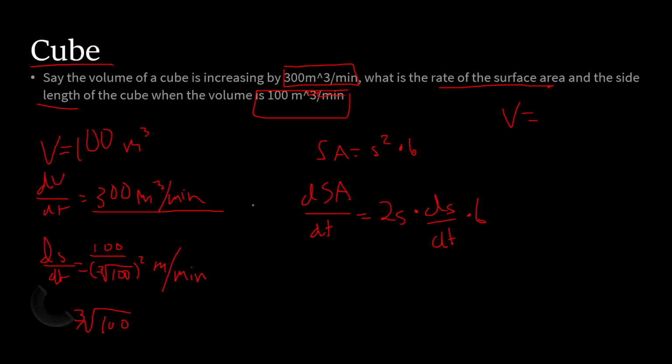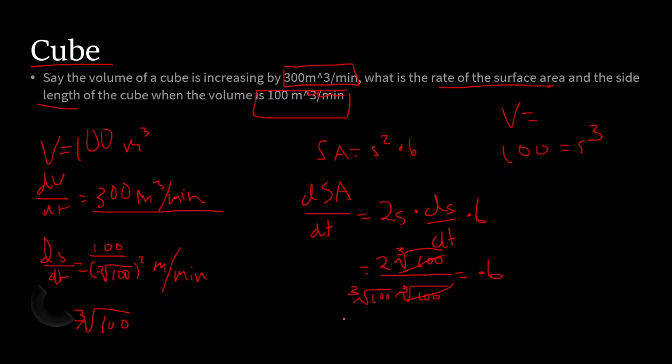I can run through this one more time. 100 is equal to s cubed, so s is equal to the cube root of 100. So 2 times the cube root of 100, all over, and the ds by dt is equal to the cube root of that. So we're expanding out the cube root like this, and we can cancel out the cube root right here, and this just stays the same. So that is equal to dSA by dt.